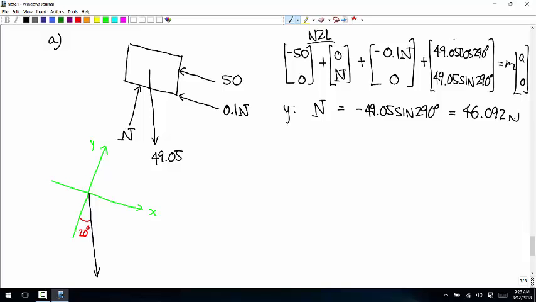And because we have that negative in addition. And then the x equation says negative 50 minus 0.1 times this, so minus 4.61, let's call it, plus 49.05 cosine of 290 is equal to, we know this mass is 5.